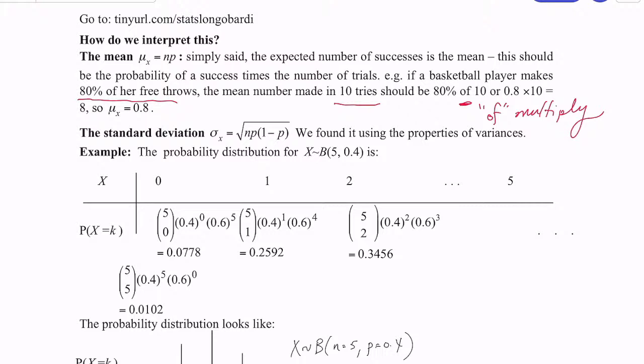Okay, so what are we doing then? We have multiplied and found a mean. What mean are we finding? We're finding the mean of a binomial distribution. In this case, the binomial x has a chance, so where the chance of success is making a basket out of 10, with the chance being 80%, x is a binomial, right?